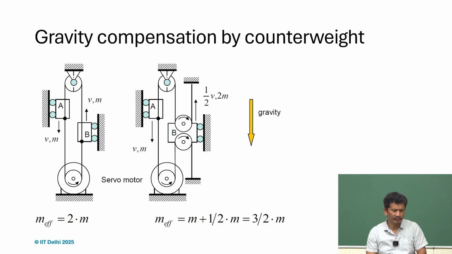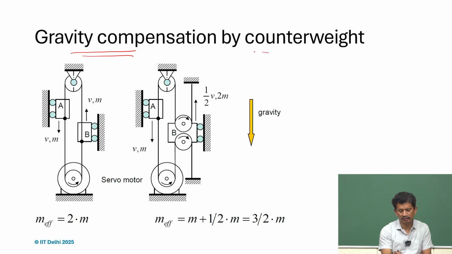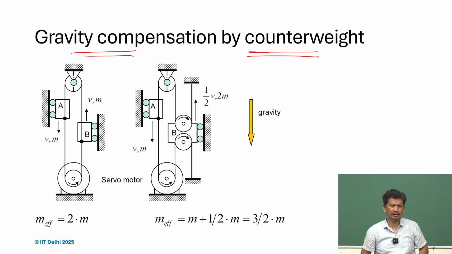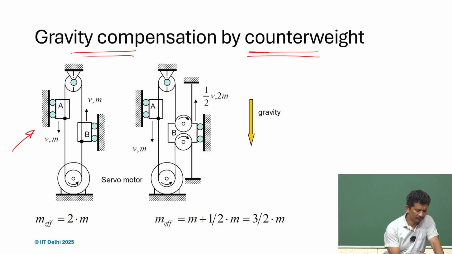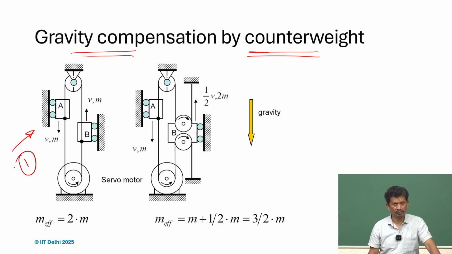Now, a very good example, and maybe not very intuitive, but what we see in this design is the effect of transmission. So, if you want to do gravity compensation by counterweight, there can be various methods. So, this is the first one, what we can say is the normal method, what we just discussed.